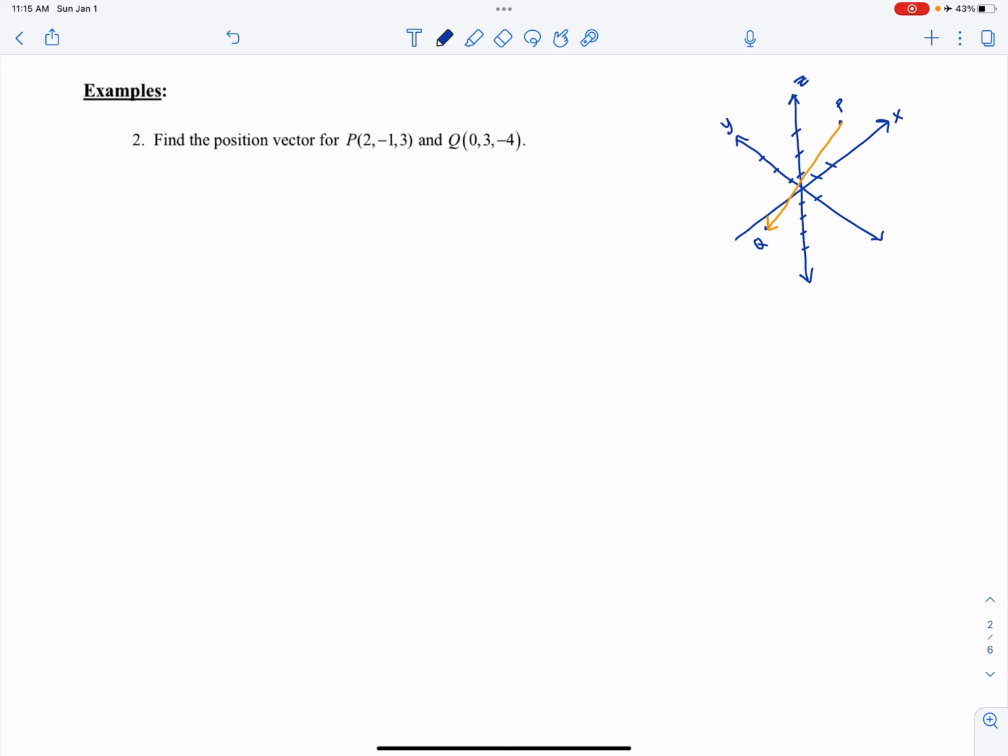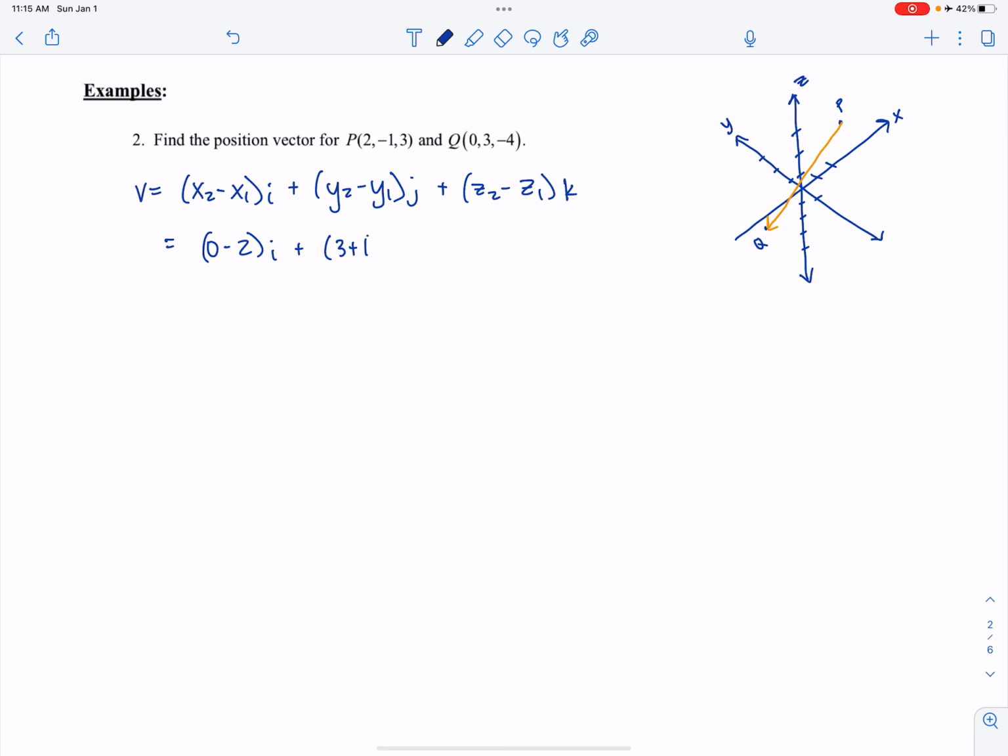And we want to find the components of it. So V is going to be x2 minus x1 i plus y2 minus y1 j plus z2 minus z1 k, which gives us 0 minus 2 in our i component, 3 plus 1 in our j component, negative 4 minus 3 in our k component.